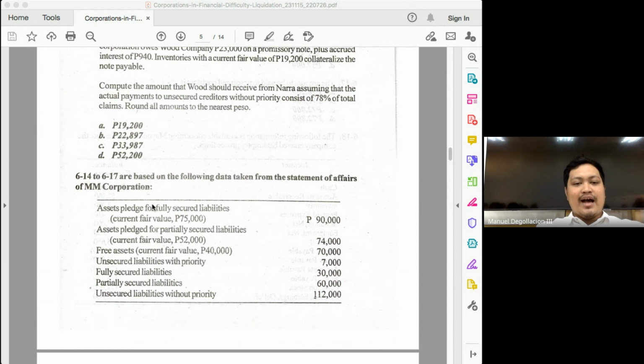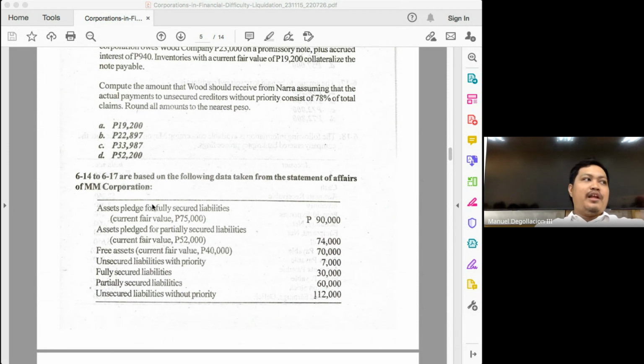Check the assets pledged to it. How much is the value of the assets pledged to partially secured liabilities? 52 or 74? 52. Okay, ignore the other valuations. Partially secured liabilities was 60. Value of the security is 52. That means the unsecured portion is 8,000. You add the 8,000 with 112. Your total unsecured claims then is 120,000.